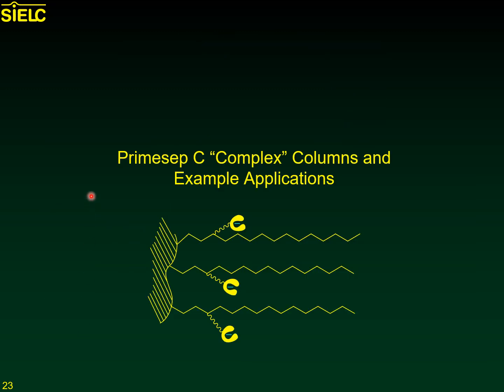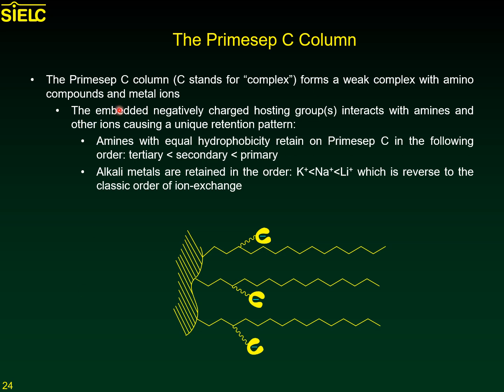And now we're going to go over the Primesep C columns and some subsequent example applications. Primesep C is named C because the C stands for complex, and it is a stationary phase that forms a weak complex with both amino groups and metal ions. The embedded negatively charged hosting groups interact with amines and other ions, causing unique retention patterns.